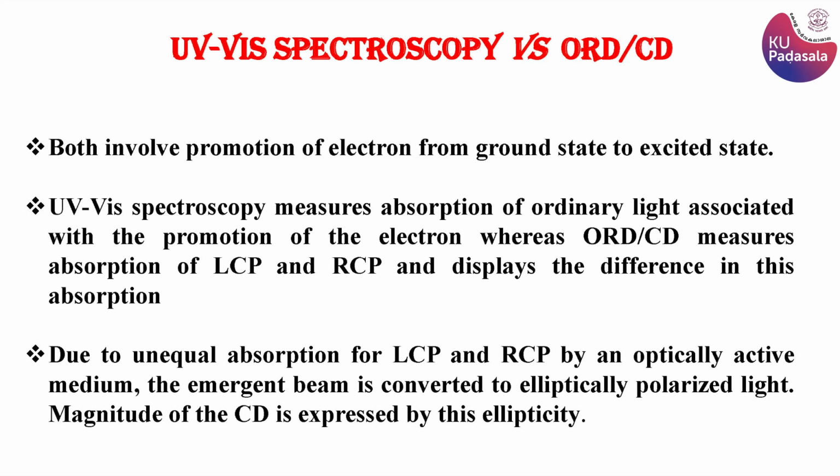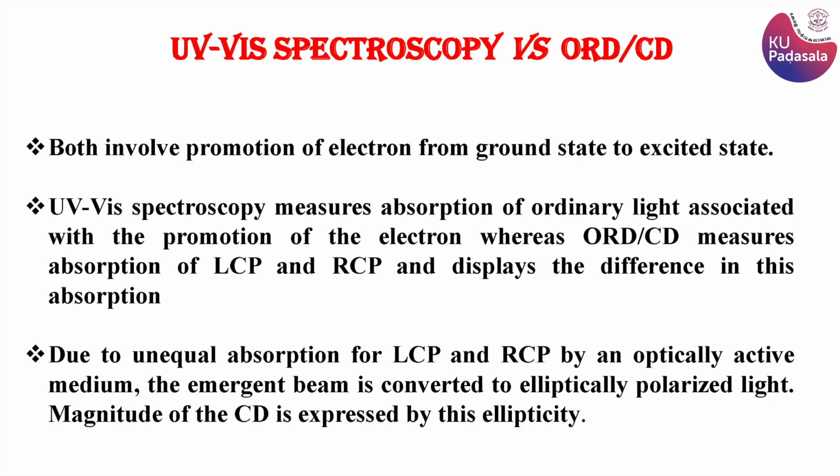So when a molecule absorbs light, what happens? The electron from the ground state goes to the excited state. So that is exactly happening in both the cases, and the difference is that in UV visible spectroscopy we are measuring the absorbance, whereas in CD we are measuring the differential absorption of the RCP and LCP.